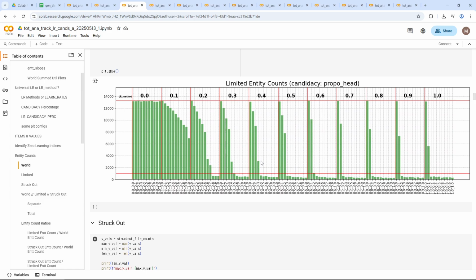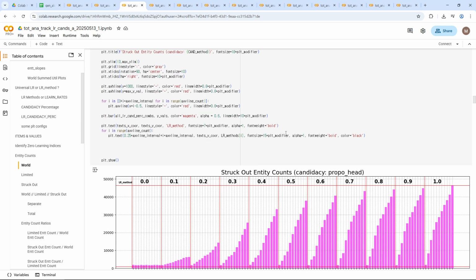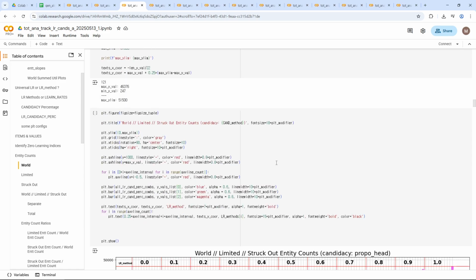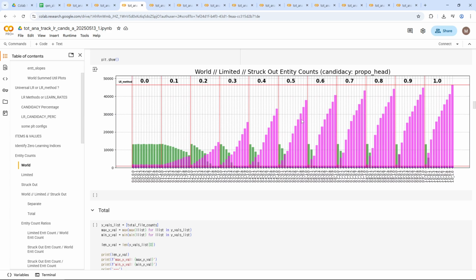Fewer and fewer entities get limited out because they are being struck out first. And that is also shown here. At the 0.3 mark, or 30% learn rate, is where we actually start creating more entities, because more entities are being struck out than being limited. Here it was about even. Here now we're not.